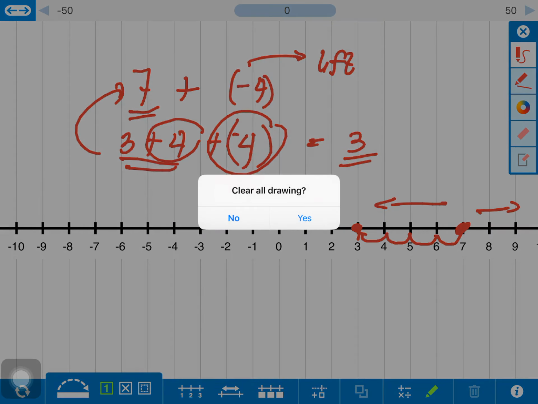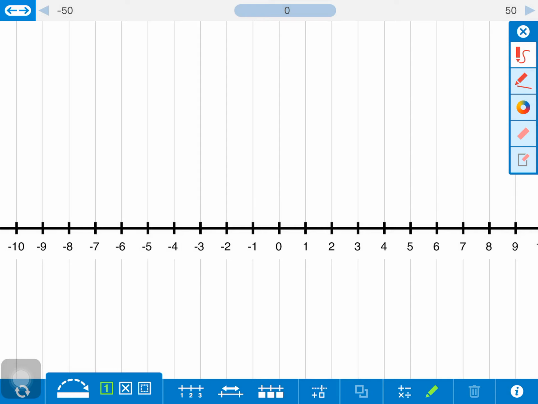So let's try one more example. What if, for example, I have negative 8 plus positive 2? What would be the answer? Let's try first the concept of opposites. Negative 8 is the same as negative 6 combined with negative 2 by closure property.